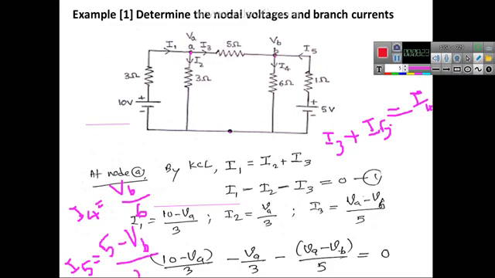So that is the equation for I5. So now you know I3, I4 and I5. You can just substitute here and rearrange, so you will get the nodal equation at B.